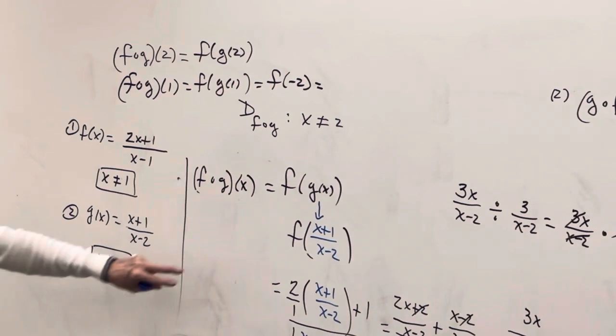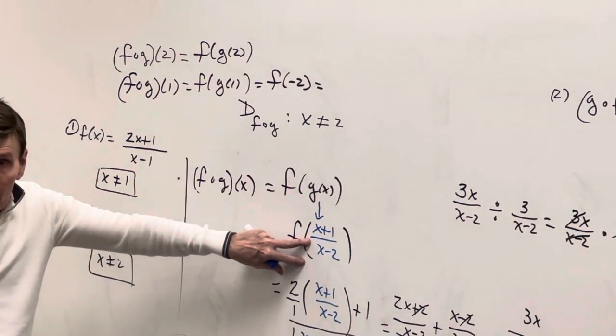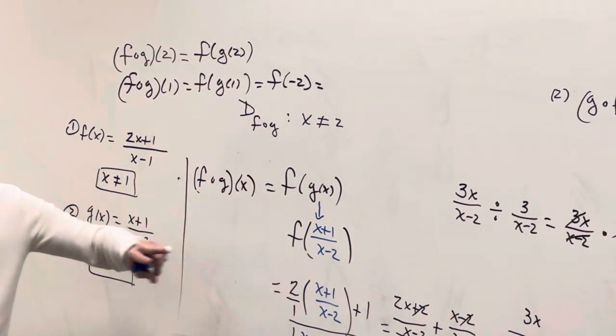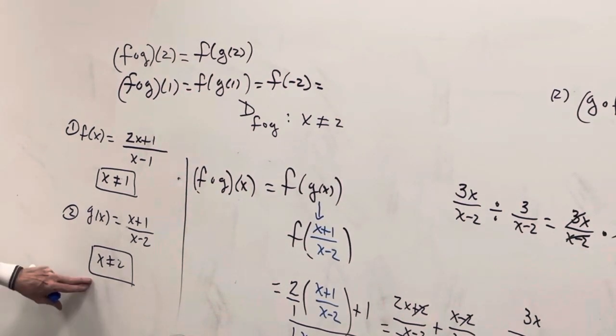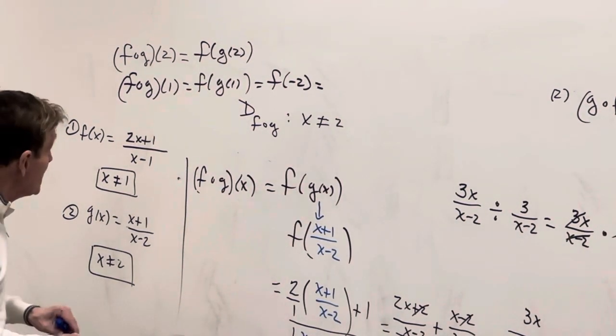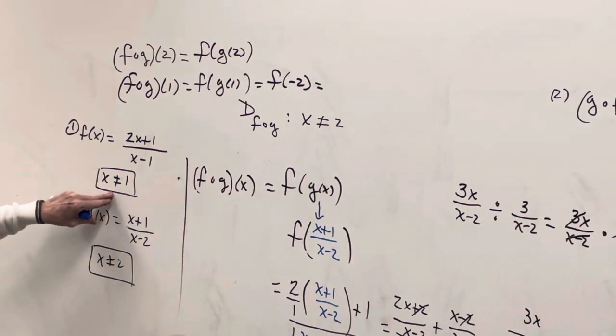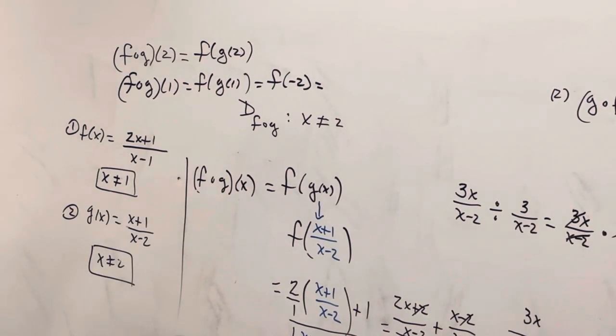She's saying, Professor, look at this, guys. This right here you placed inside F. The blue had a restriction on it. X cannot be what? 2. She's saying at the same time, you've already said F has a restriction: you can't let that be a 1.